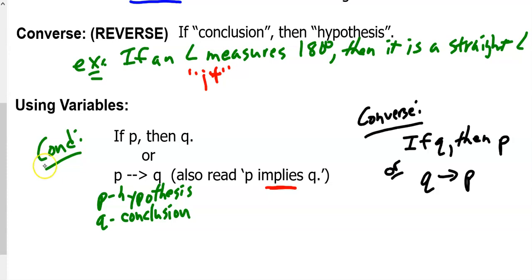And again, this is your conditional statement here. So if we were using variables to talk about the converse, we again would switch the hypothesis and the conclusion, so it'd be if Q then P, or again you can use the arrow Q implies P. Again, I don't care either way if you say implies or if you read it still as an if then statement.